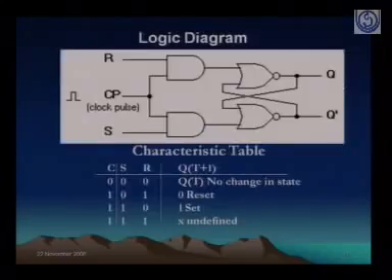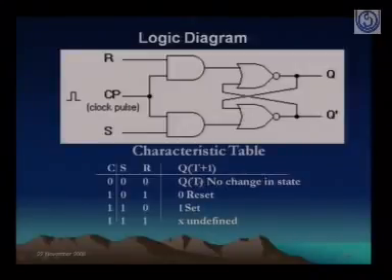Now, is there any other information? We have already gone through the logic diagram, but let's look at the characteristic table for this flip-flop. When there is no clock pulse, or in fact even if the clock pulse is 1, and the values of S and R happen to be 0, 0, what will happen? Q(t+1) defines the next state of the flip-flop, and Q(t) defines the present state.